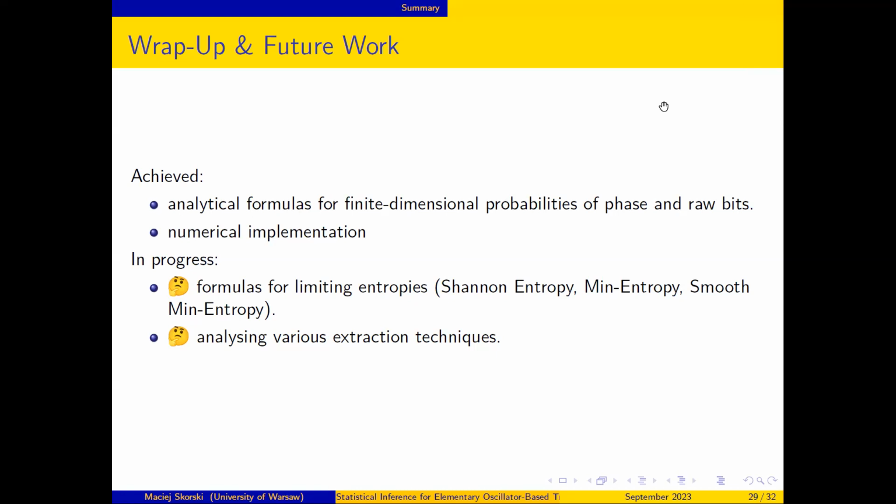It is to propose a cool way of extracting from those trajectories, not taking points that are far away, but doing something more clever. And also to analyze limiting entropies, because the literature only knows some approximations, and this topic is still an active area of research.